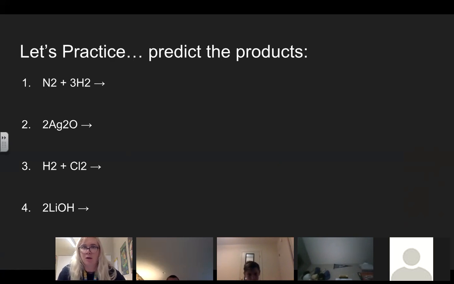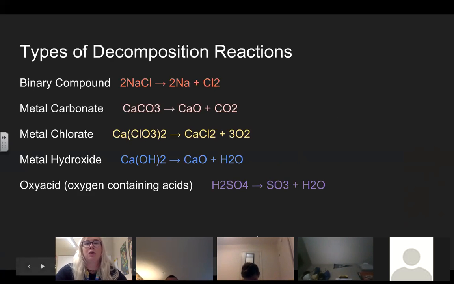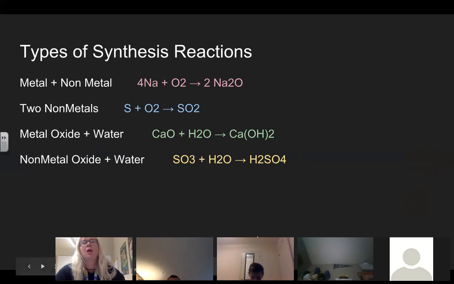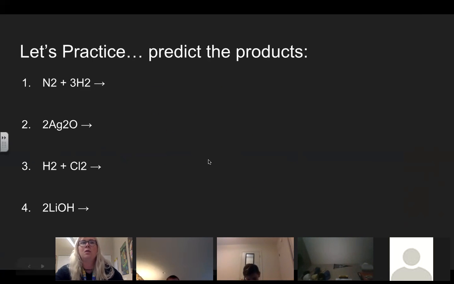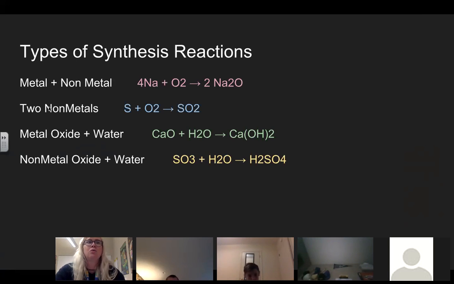Because what are we going to break apart? They're already broken. Okay, so then what I would do is go back to my synthesis notes, figuring out which of these things I have. Do I have a metal and a non-metal? Well, not really, right? It looks like I have two nonmetals. So with two nonmetals, all I do is combine them together.